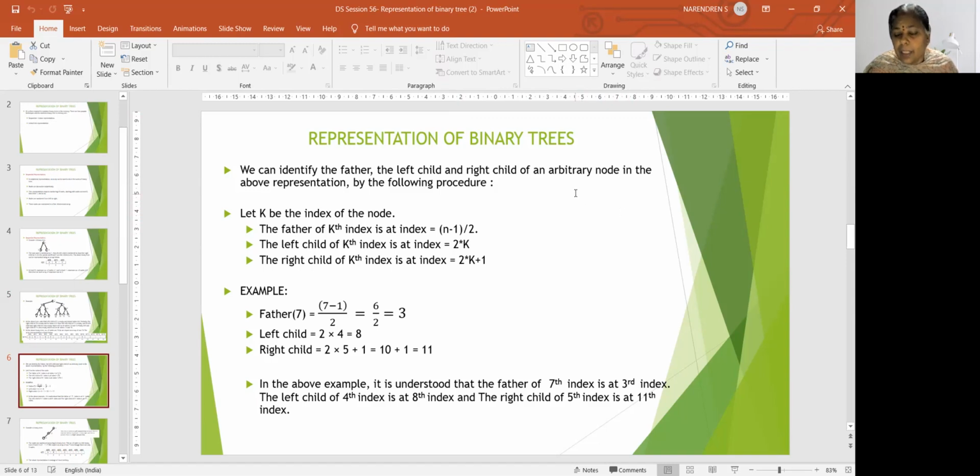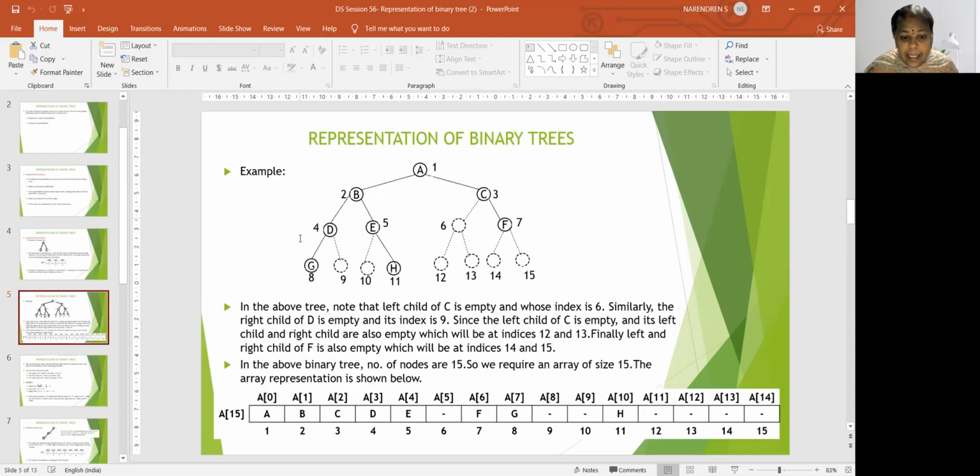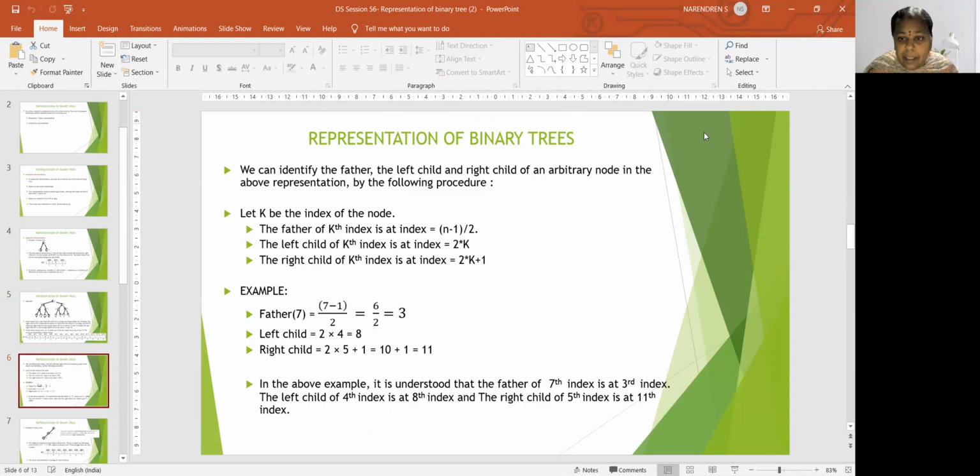How to identify? In the pictorial representation you can easily identify, but if I am writing in the arrays concept, how do I identify it? For this, we are going to apply some mathematical logic, following some procedures. Let k be the index of the node; it might be k or i or j, whatever, but here I am taking k as the index.